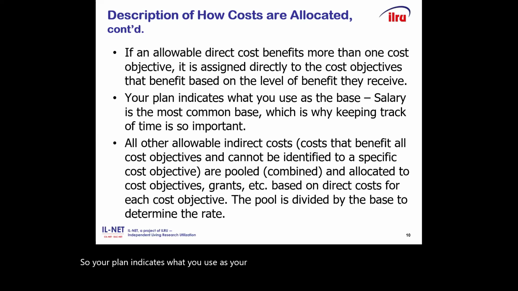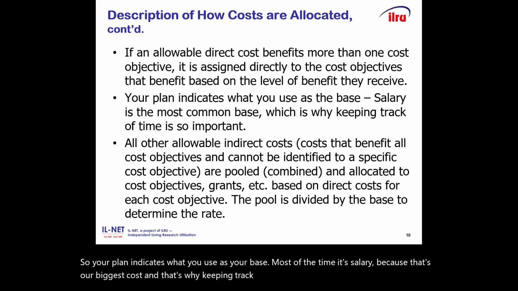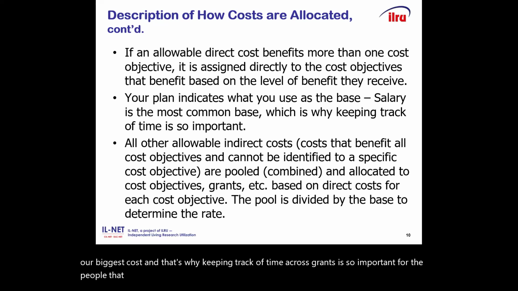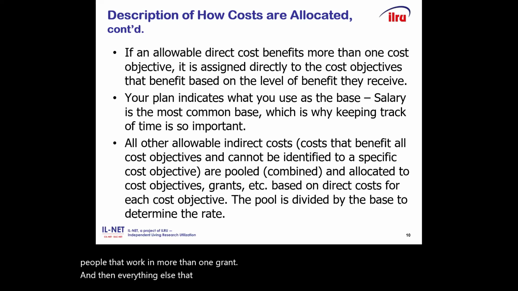Most of the time it's salary because that's our biggest cost. And that's why keeping track of time across grants is so important for the people that work in more than one grant. And then everything else that doesn't fit on a salary basis, the costs that benefit the different grants are pooled or combined.